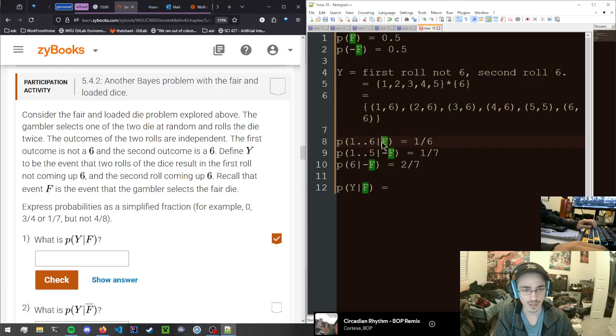Well, for the fair dice, all of the chances are equal, right? So it'll be 1 over 6 times 1 over 6 plus 1 over 6 times 1 over 6. So it'll be 1 over 36 times 6, which is 6 over 36, which is 1 over 6.